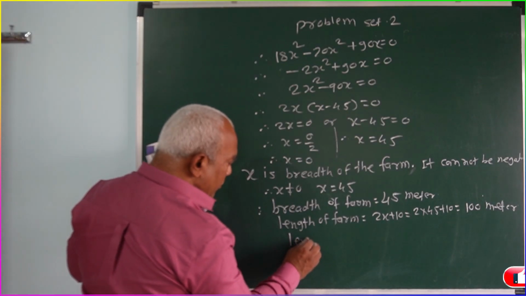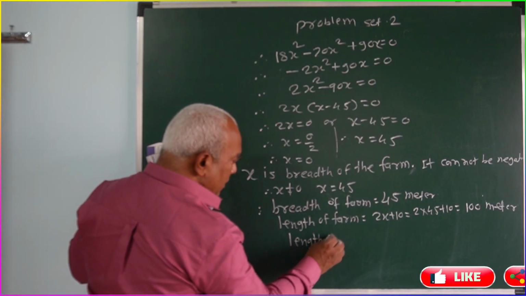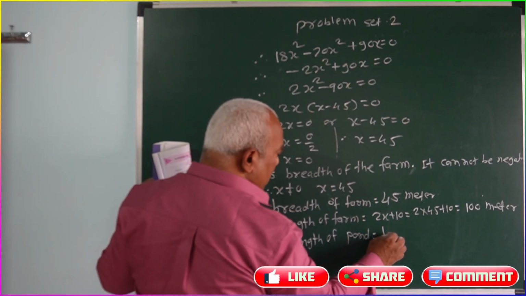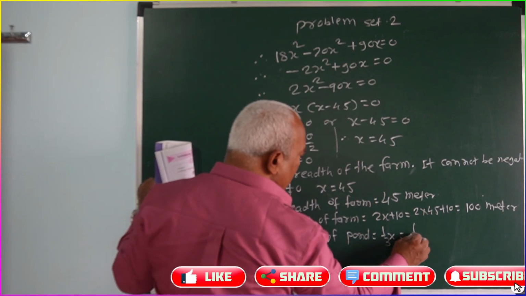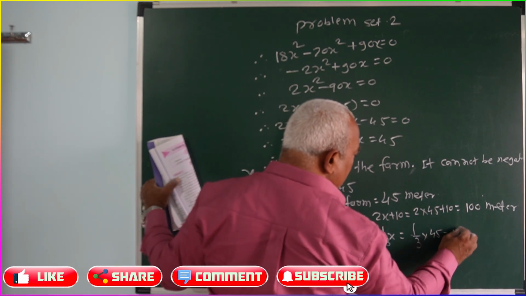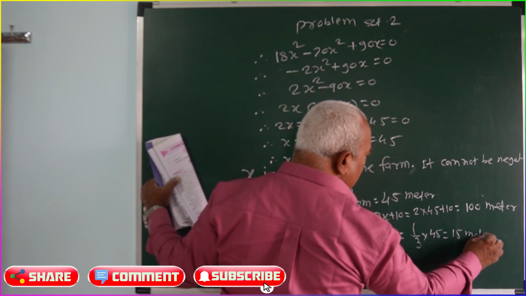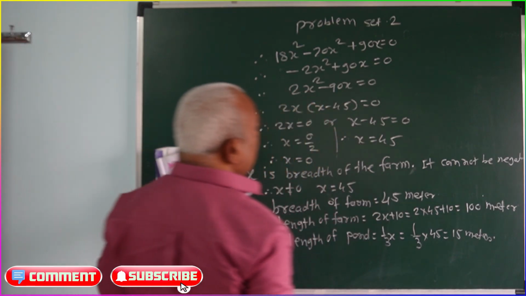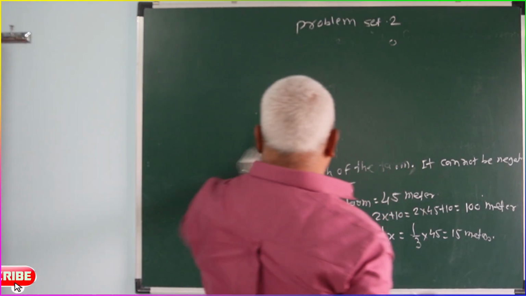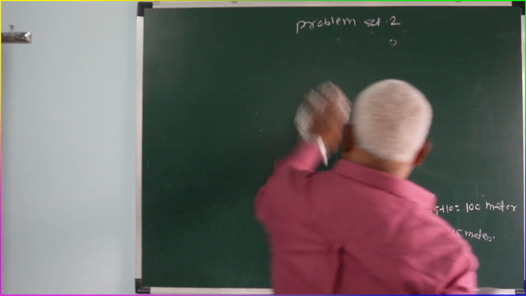Then length of pond is equal to 1/3 x, 1/3 into 45, which is 15 meter. So 15 meter is the length of the pond.